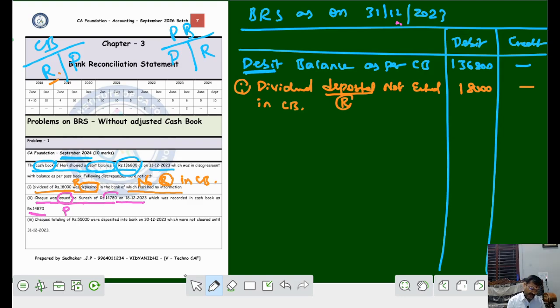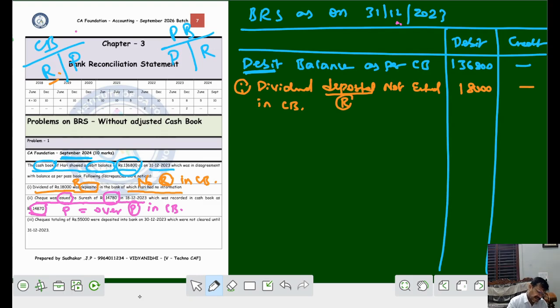Issued is 14,780, recorded is 14,870. So you have recorded more amount in your cash book. More amount in your cash book means it is overpayment in cash book.